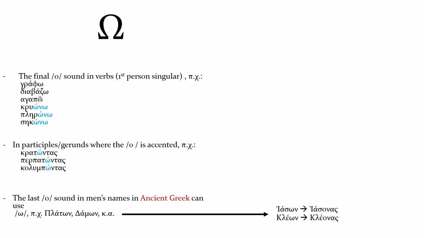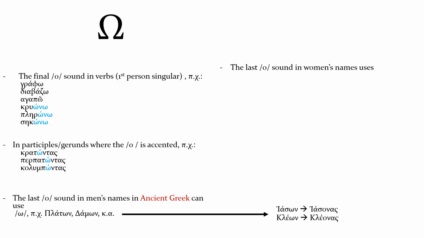What makes this confusing is that Iason, which is the Greek way of saying Jason, is spelled with an omega, but if you use the slightly more casual form, Iasonas, that omega becomes an omicron. Kleon, which is Cleon, becomes Kleonas.